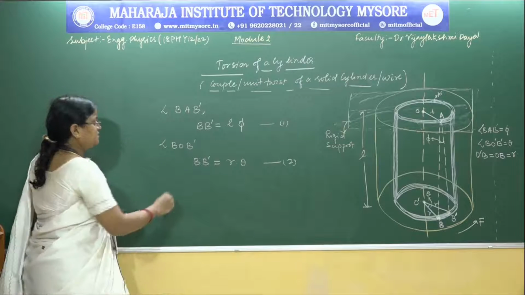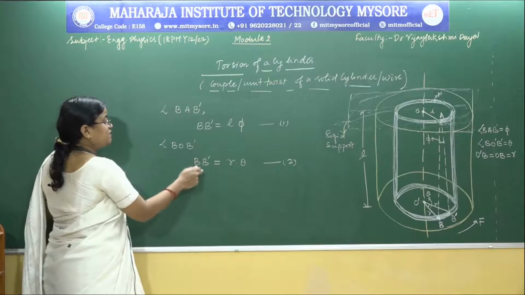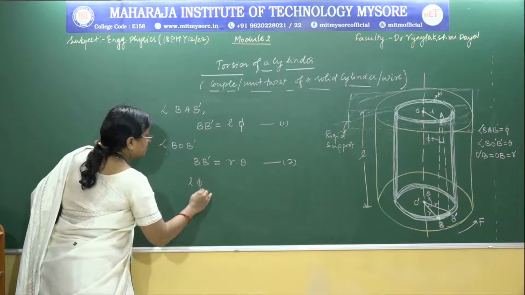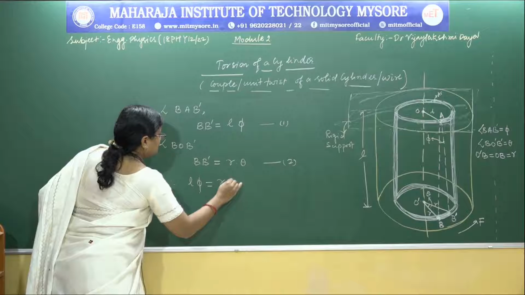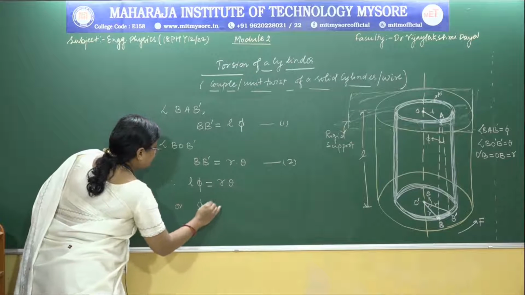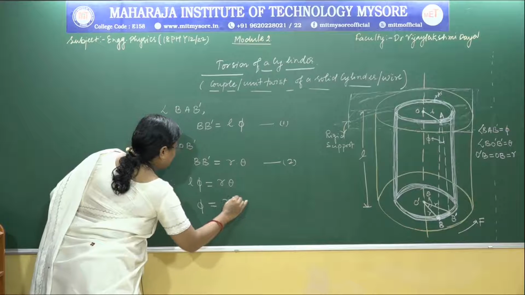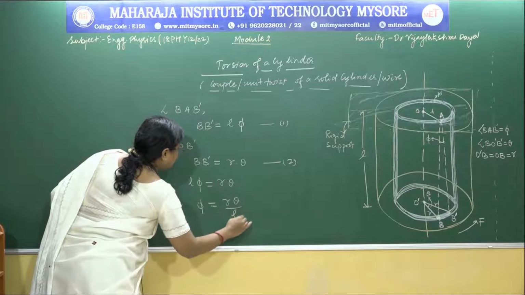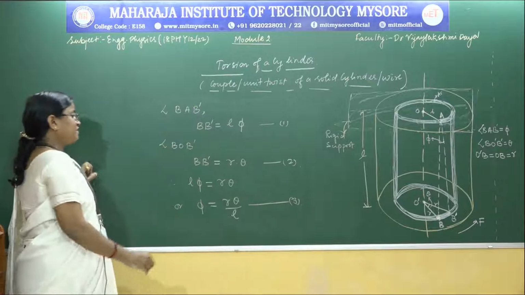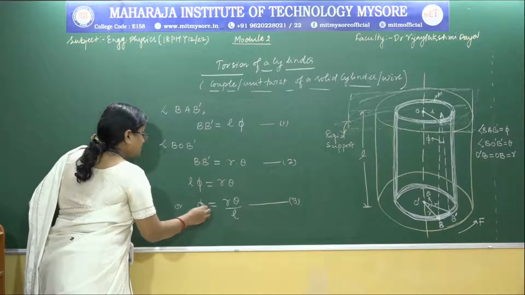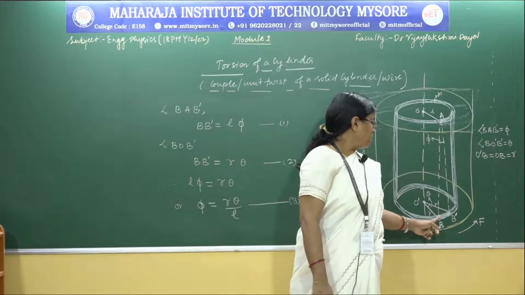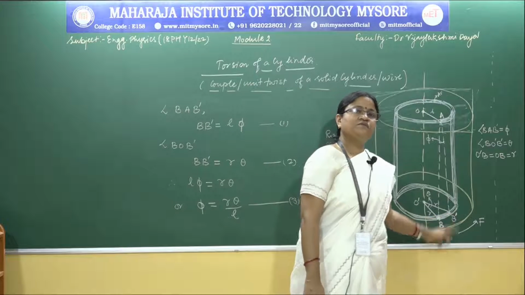Comparing the two equations, as both give the arc length, L phi is equal to r theta, or phi will be equal to r theta divided by L. We have the measure of the angle through which B shifts to B dash.